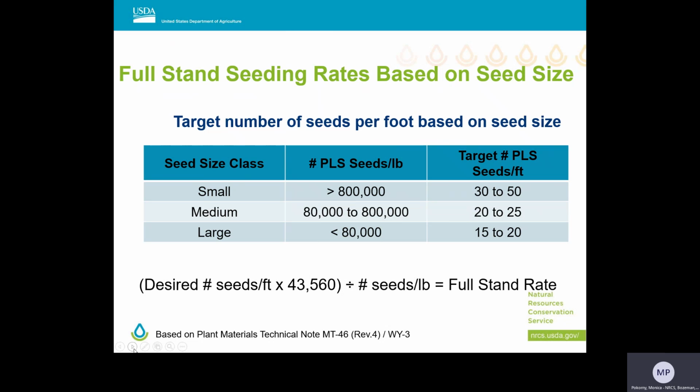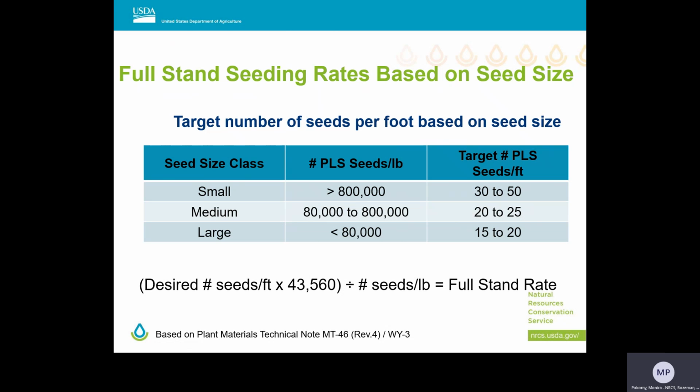The target number of seeds per unit area also reflects seed size. In Montana and Wyoming, we use these target ranges for the number of seeds per square foot. As I mentioned on the previous slide, a medium-sized seed is one where you have 80,000 to 800,000 pure live seeds per pound. We're going to aim for 20 to 25 seeds per square foot.